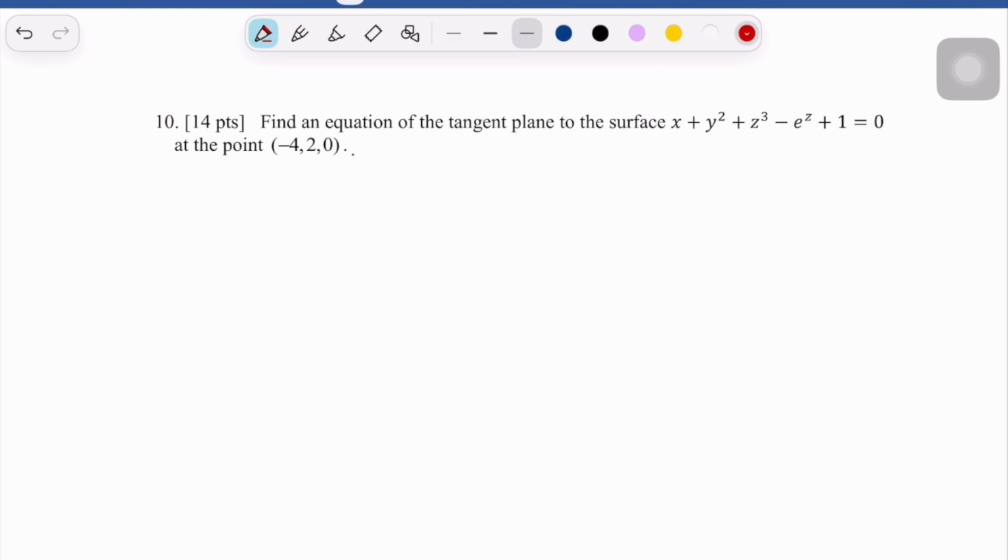So we can take this point to be on the plane, and to find the normal vector, we'll just take the gradient of f with respect to x, y, and z.